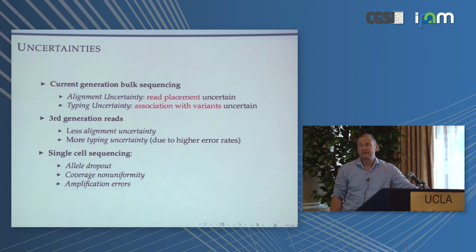And then also single cell sequencing, which is a big topic. I have recently become really interested in this because you have a lot more uncertainties kicking in, like allele dropout. You always implicitly make the assumption of coverage uniformity, which is, given a number of genome copies, I draw each of the genome copies with equal probability.